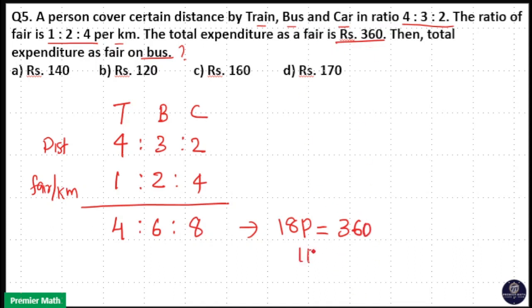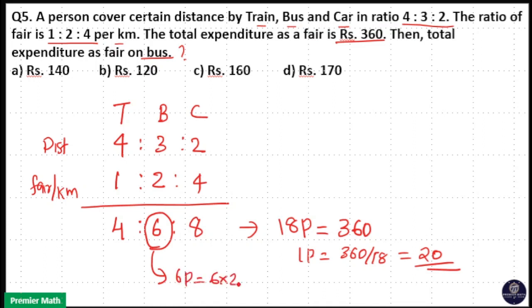So 1 part is equal to 360 by 18 is equal to 20. Here we have to find out the fare in bus. So 6 parts is equal to fare in bus. 6 parts is equal to 6 into 20, 120. So your answer is option B.